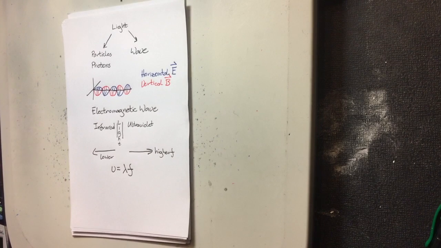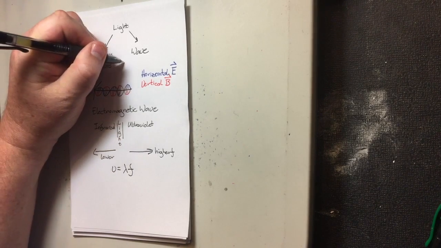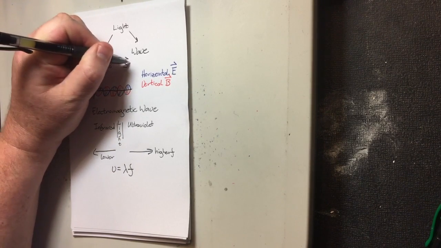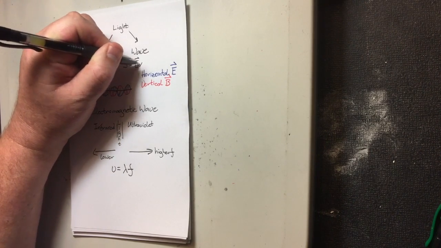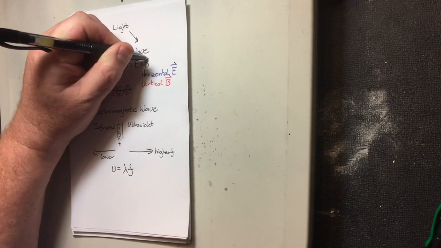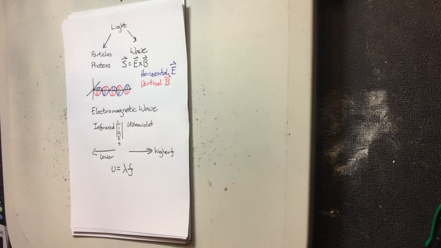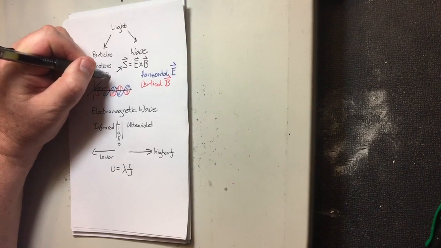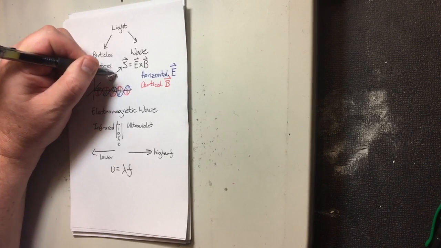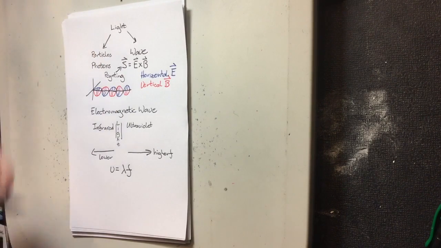Now we'll go back to standard view. Now, one of the things that they don't tell you, I just do it because it makes sense, is there is a function, you don't need to know it, but it's just for your benefit. S is E cross B. Now, S is what they call the Poynting vector. And yes, it's spelled like that.